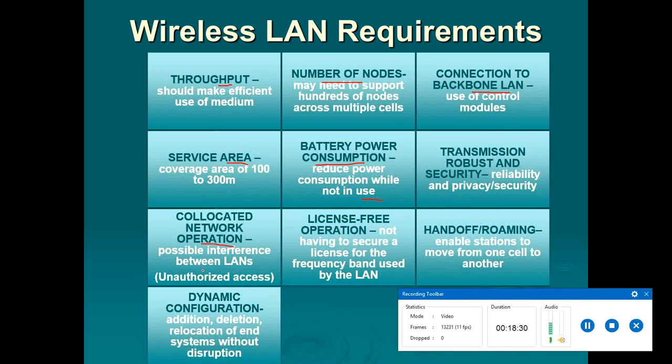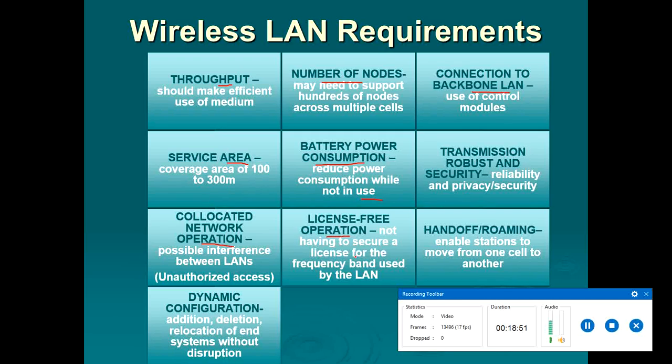Such interference may disrupt the normal operation of the wireless LANs, and it may allow unauthorized users or intruders to access your networks.